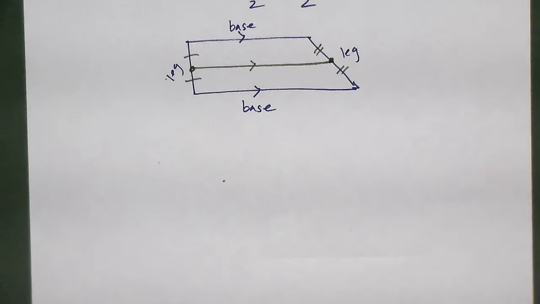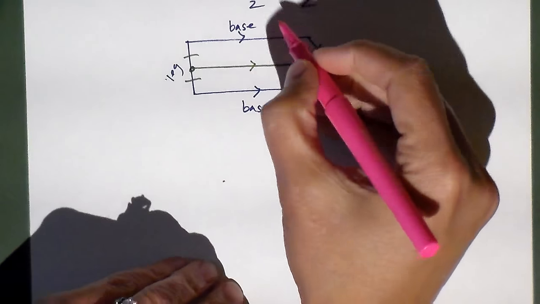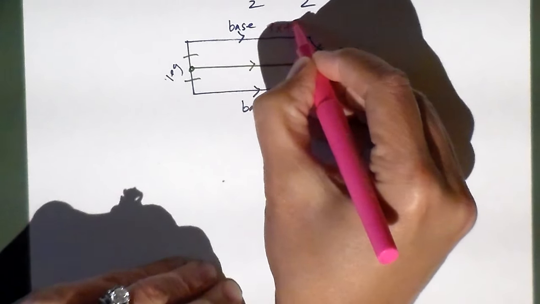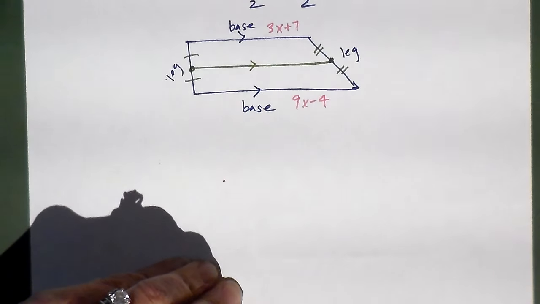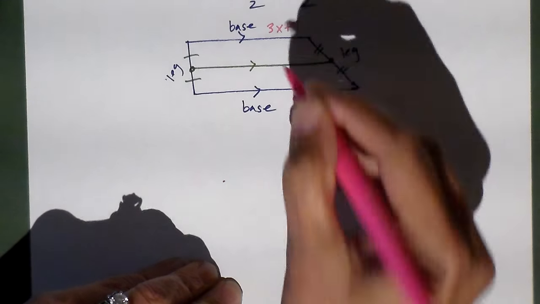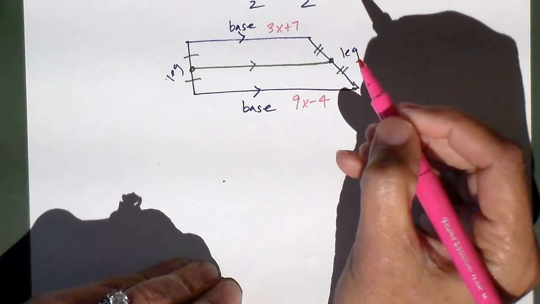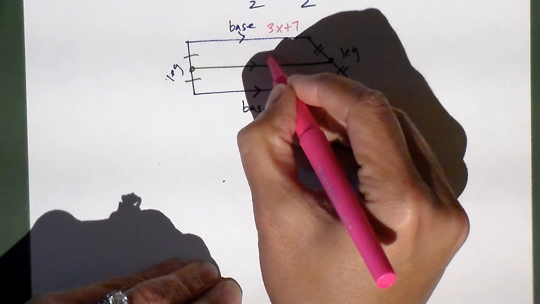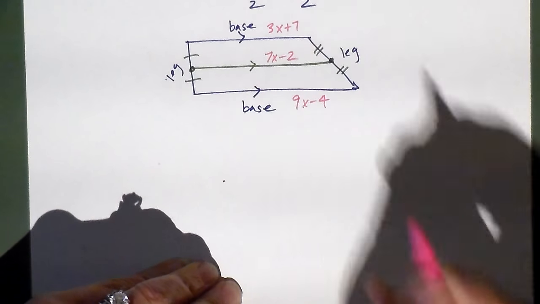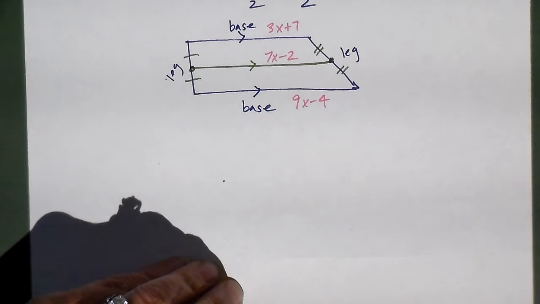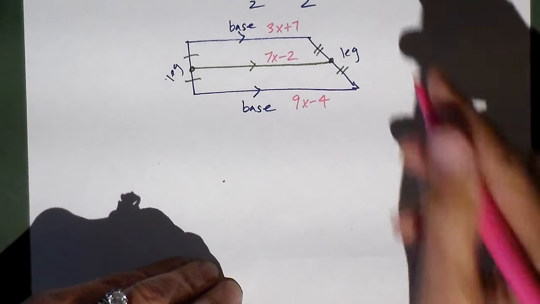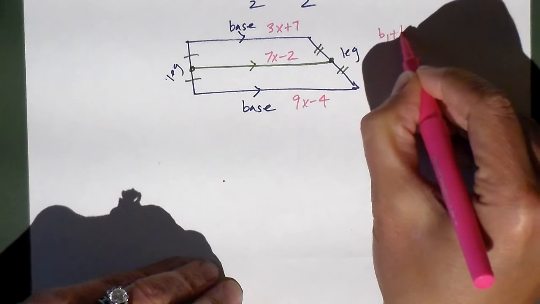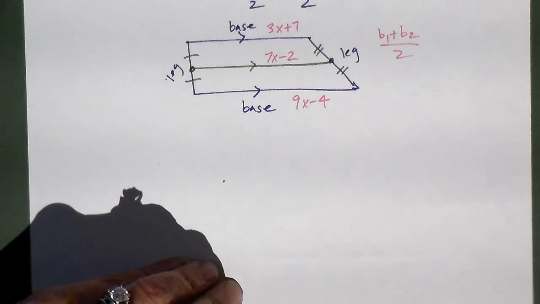So let's do something a little bit different. Let's say this is 3x plus 7 and this is 9x minus 4, and this is 7x minus 2. So I want to know what's x and how long is the mid-segment. Well, what do we know about the mid-segment? It's base 1 plus base 2 divided by 2, right?